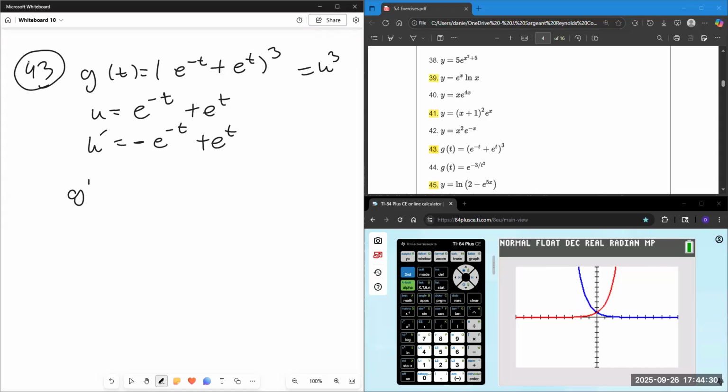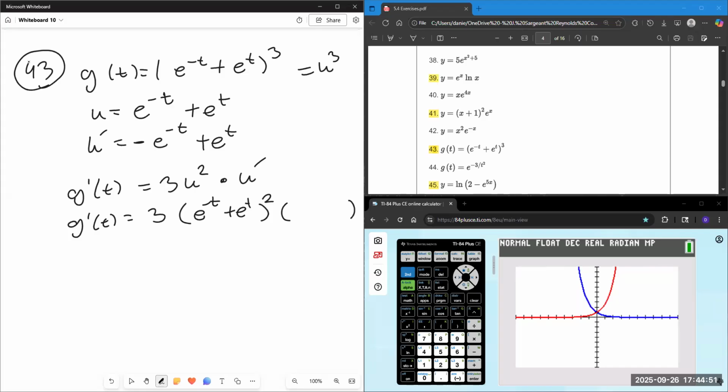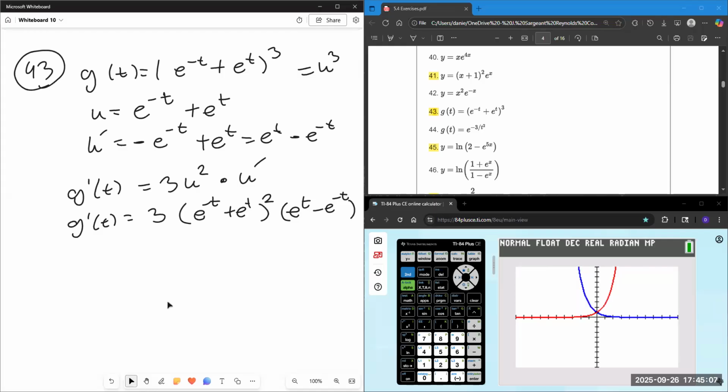So g prime of t will be 3u squared times u prime when I use the power rule. G prime of t is equal to 3 times u squared times, and I'll write this as e to the t minus e to the negative t as subtraction, like so, and I'll leave it just like that. That's sufficient for the derivative for me.